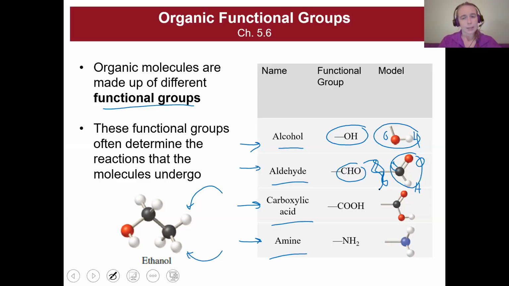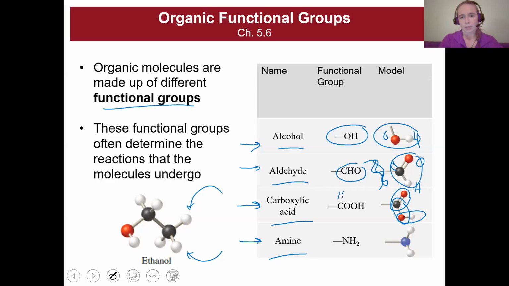Carboxylic acid is kind of similar to an aldehyde. We've got double bonded carbon to an oxygen, but then instead of just a hydrogen on the end, we've got an oxygen with a hydrogen attached to it. So that's why we call it COOH.